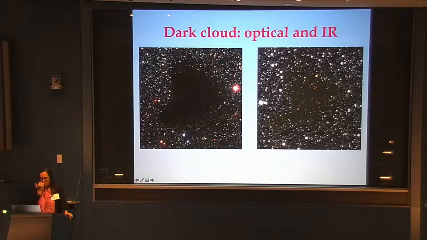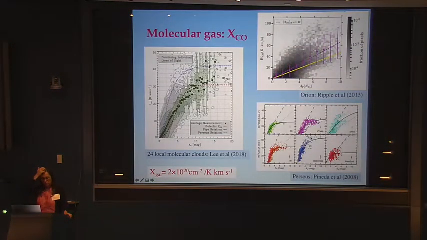Okay, so one way that XCO is calibrated is by using extinction and emission. Another way is through gamma rays, but I'll just talk about using extinction and emission of dust.